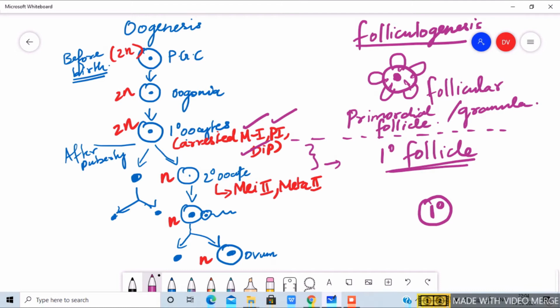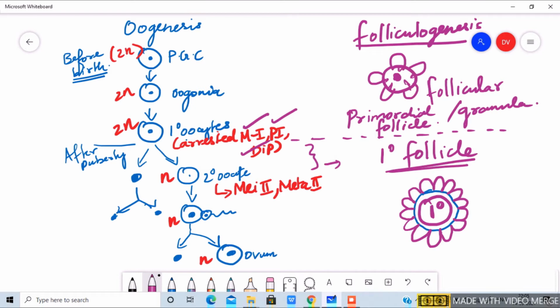But what is the change here, guys? There will be a small layer surrounding the egg cell, and that will be surrounded by one complete layer of follicular cells. Can you see the difference between the primordial follicle and this? Can you see the growth there?